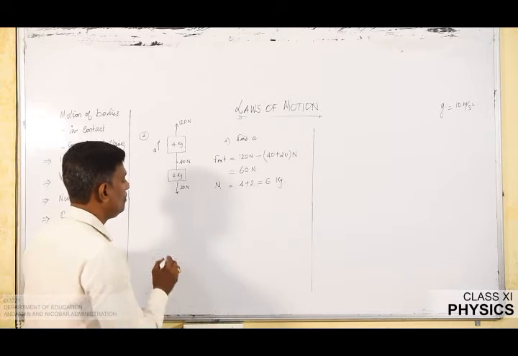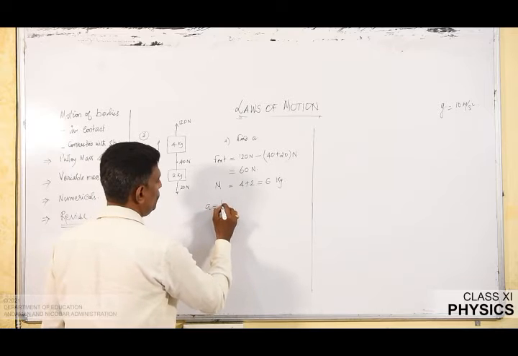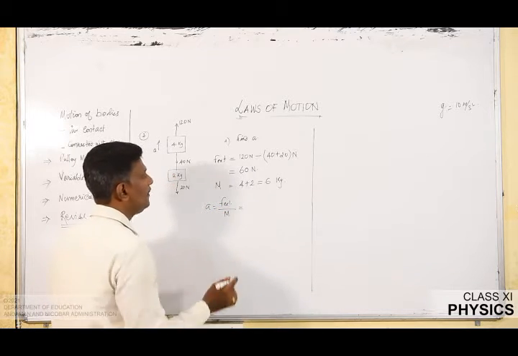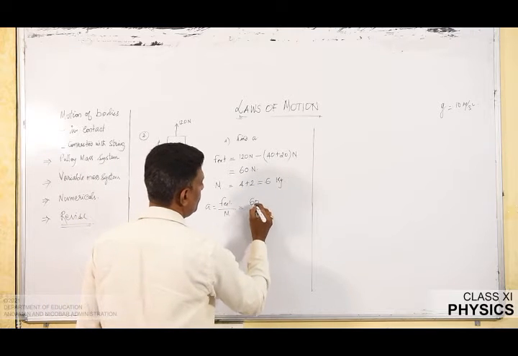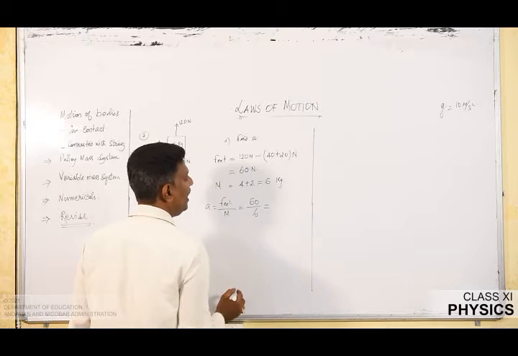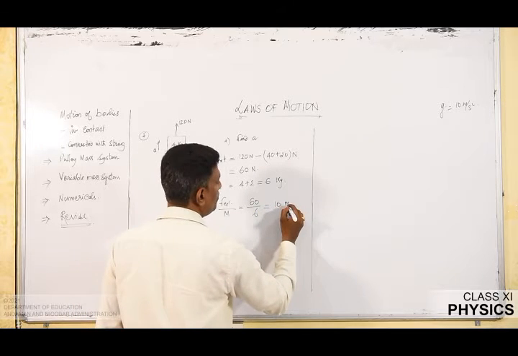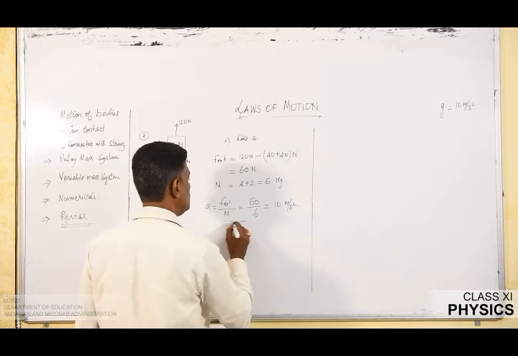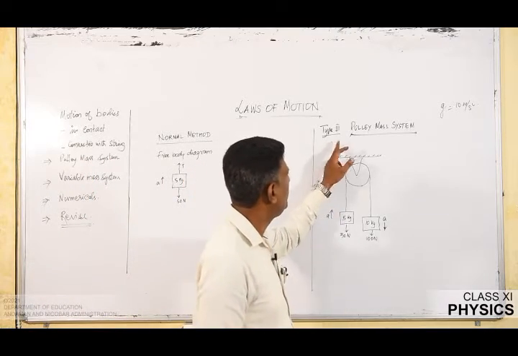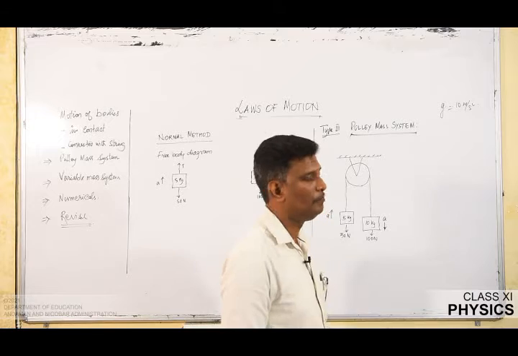Now, we can use the formula A is equal to F external by total mass. F external is 60 Newton divided by total mass 6 kg. So, we have 10 meter per second square. This is the acceleration. Next is type 3, pulley mass system.